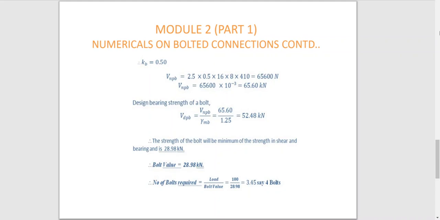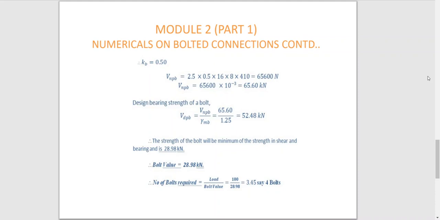Convert it to kilonewton by multiplying by 10 raised to minus 3, so you get 65.60 kilonewton. Then the design bearing strength of a bolt, Vdpb, equals Vnpb divided by gamma mb. That is, the nominal bearing strength is divided by the factor of safety 1.25. So we get 52.48 kilonewton.